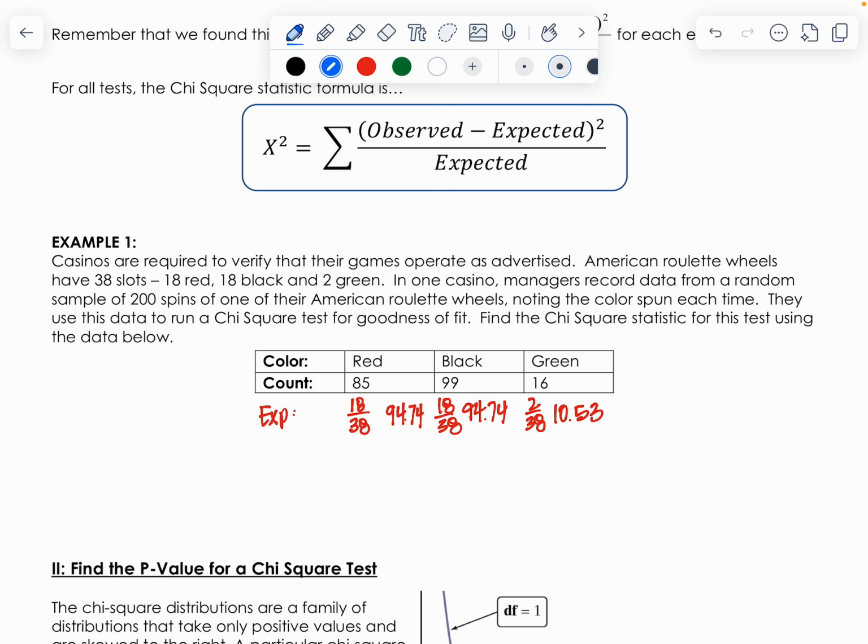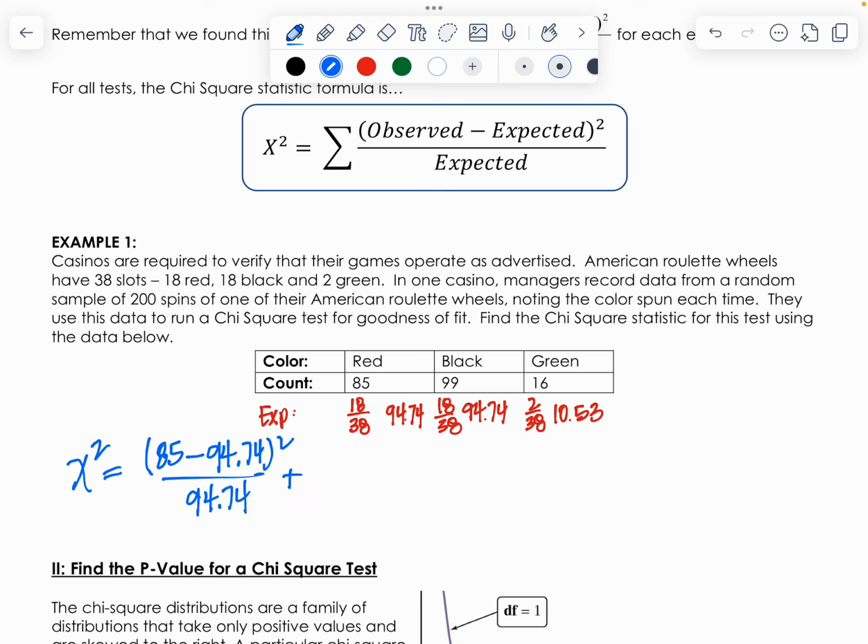So now I'm going to find my chi-squared test statistic by doing the observed value. So for red, that's 85, minus the expected 94.74 squared over the expected value 94.74.